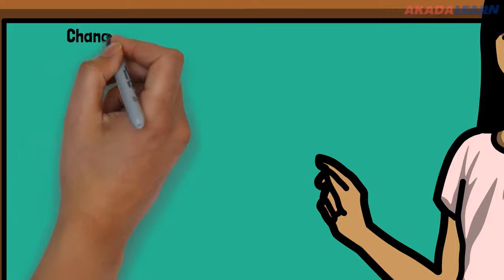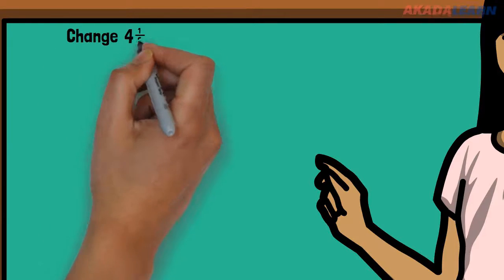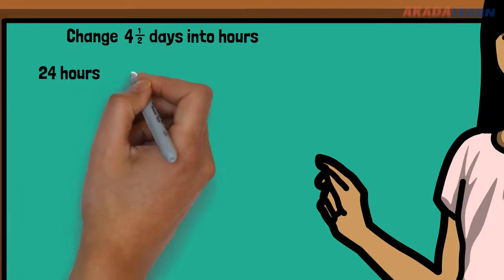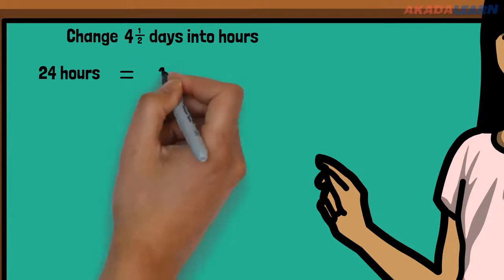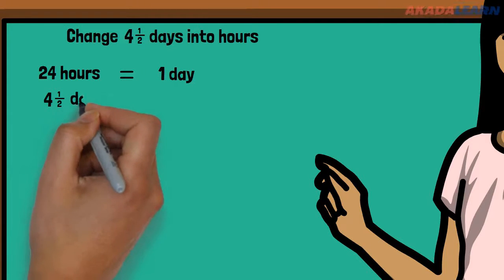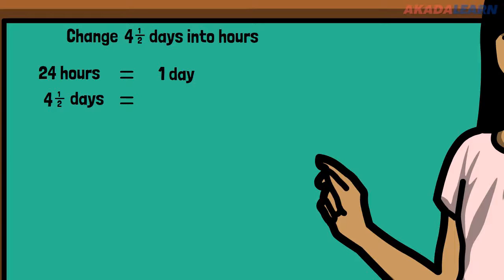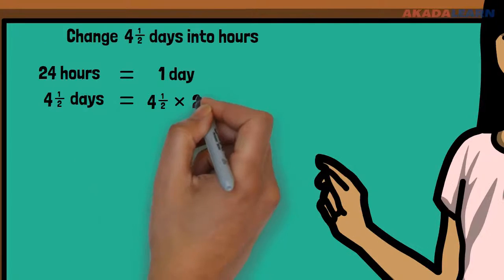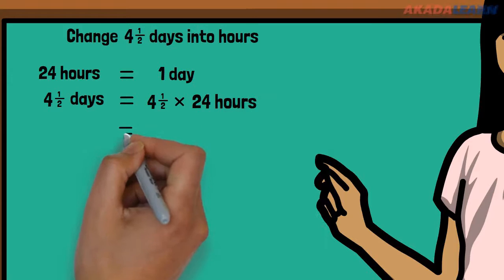Alright, so let's begin with this one. The question is change 4.5 days into hours. So we know 24 hours is equal to 1 day. Therefore 4.5 days is equal to 4.5 times 24 hours.